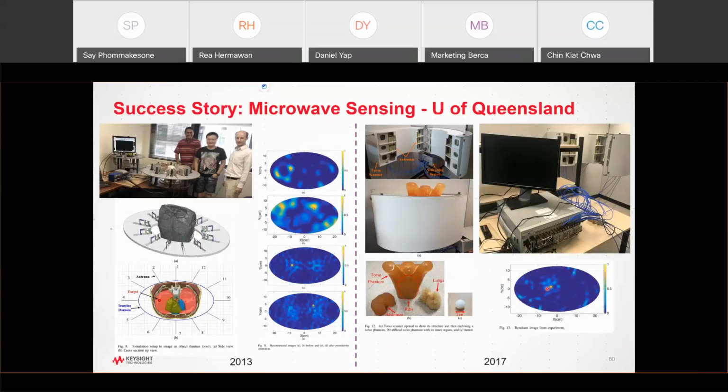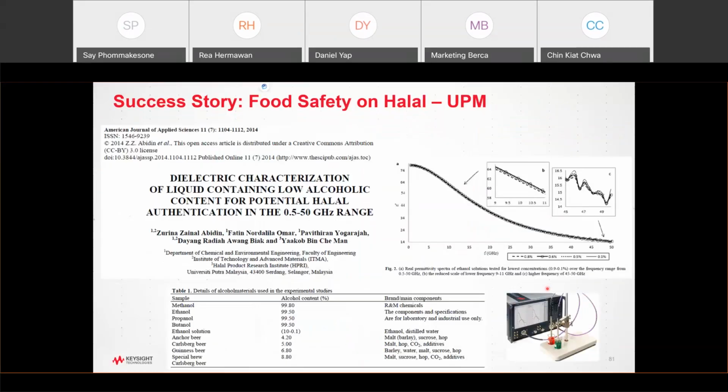Again, this is the same thing that I showed earlier. Some of the success stories for food safety: using a dielectric probe is a good way of getting an early indication before you spend a lot of time on more detailed analysis.